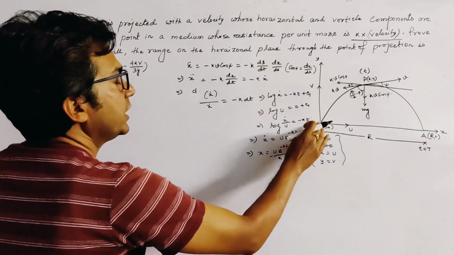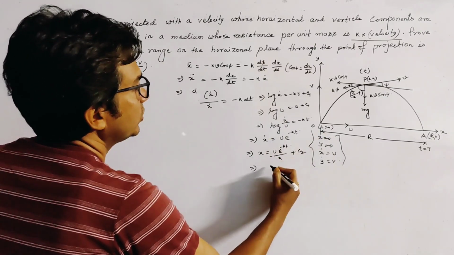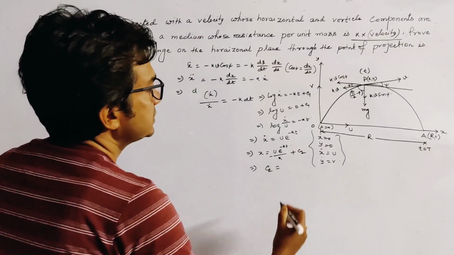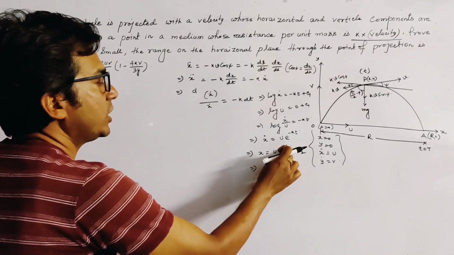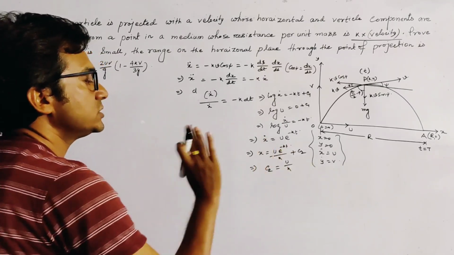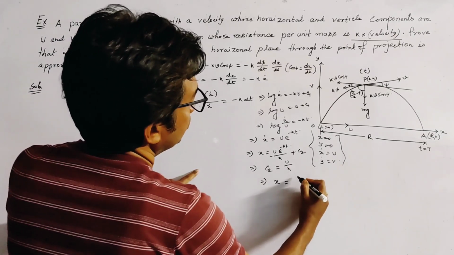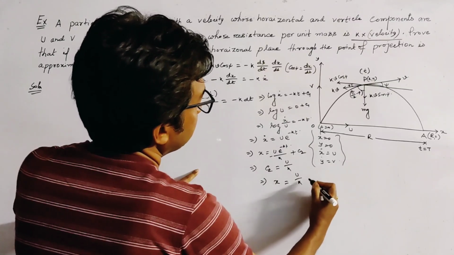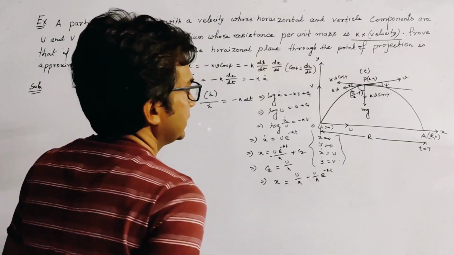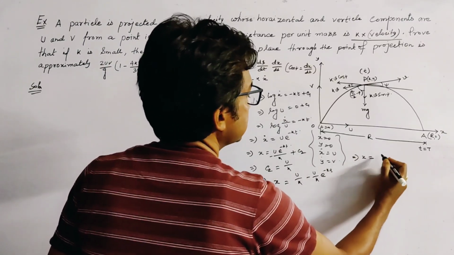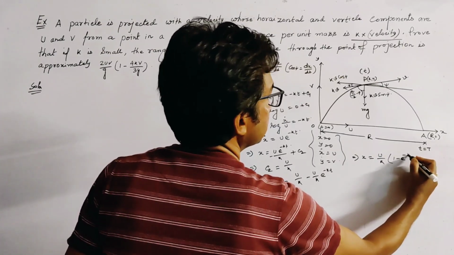Using the initial condition x equal to 0 at t equal to 0, we get c2 equal to u by k, because e to the power 0 is 1. So x equals u by k minus u by k into e to the power minus kt, that is, x equals u by k into 1 minus e to the power minus kt.